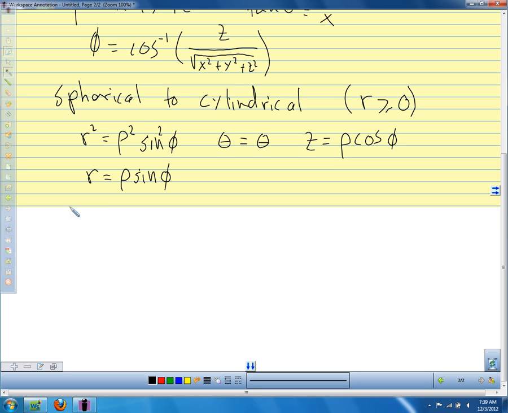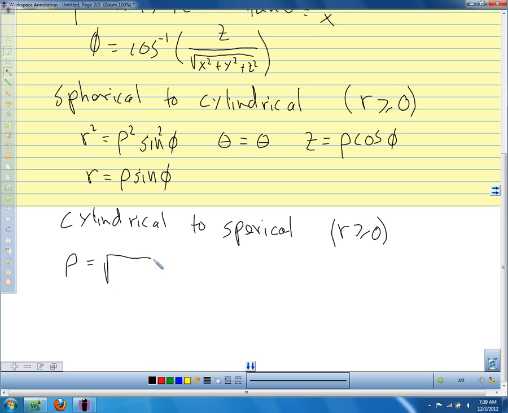And to go the other way, cylindrical to spherical. And again, our radius r is greater than or equal to 0. We're just going the other way. Rho is the square root of r squared plus z squared.